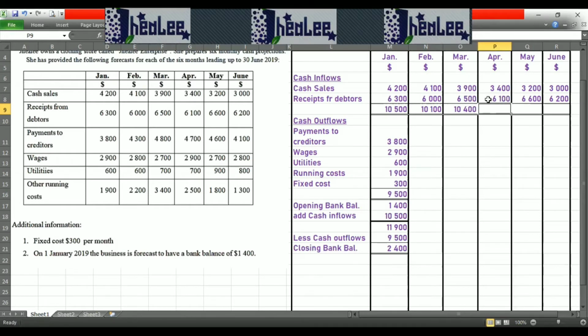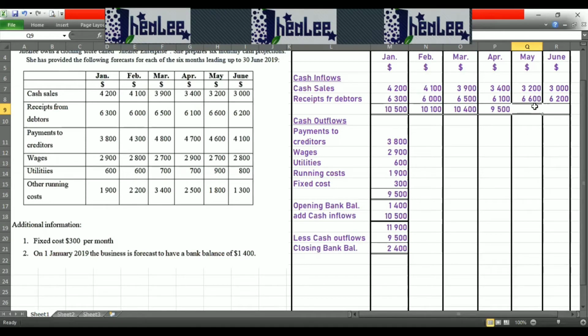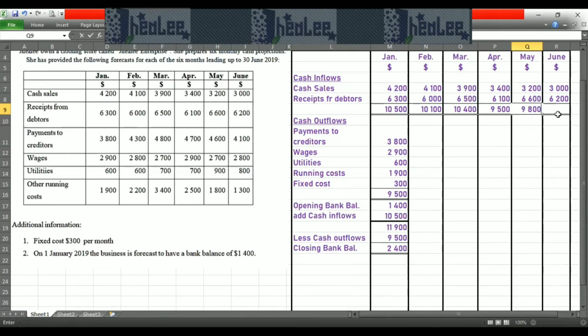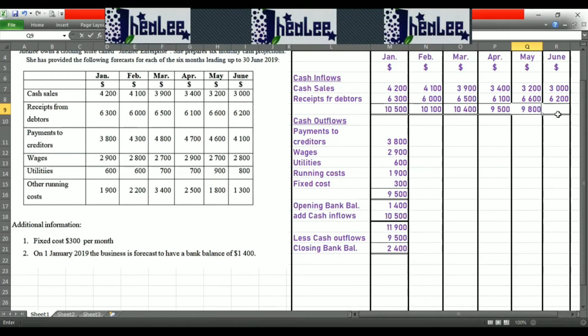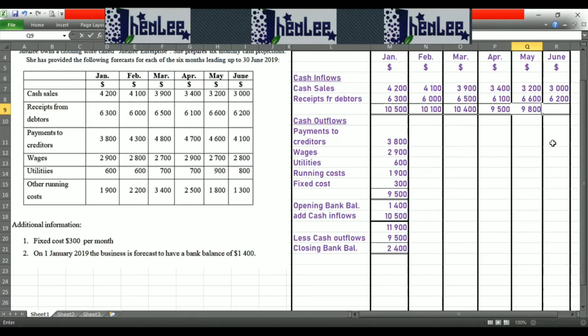For April, 3,400 plus 6,100, that gives us a total of 9,500. For May, 3,200 plus 6,600 give us 9,800. So what we're doing here is just to total the cash inflows for each month. So we're adding all the receipts together to get our total inflows for each month. For June, we have 3,000 and we have 6,200, so that would give us 9,200.